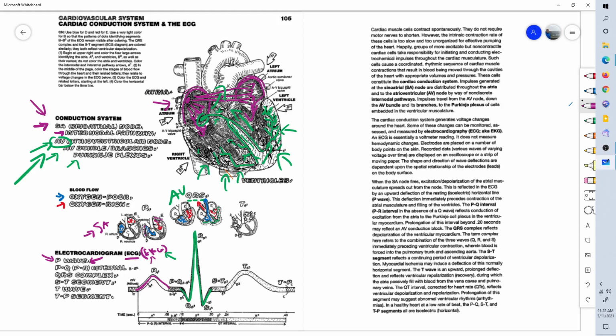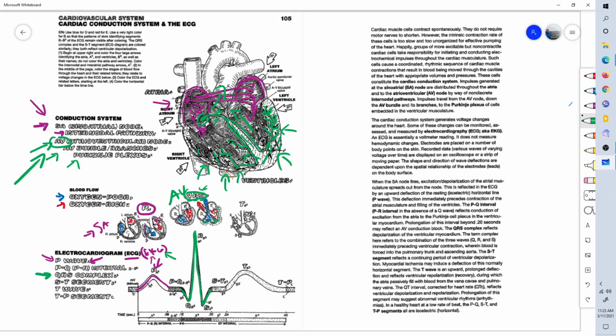And that signal, as I said, can be read, and it's known as the QRS wave. When the SA node contracted, it was called a P wave here. It can be read on a graph. When the atrioventricular node sends out its signal, called the QRS wave, it can be read on the graph. This is called the QRS complex.